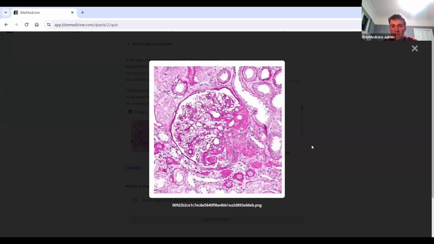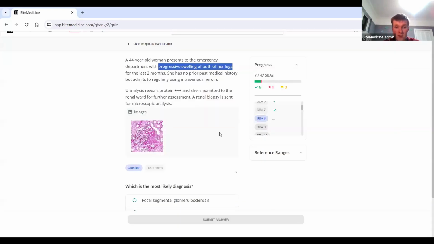However, there is something important within this image, and that is the increased parenchyma that you can see within this glomerulus in just one segment of the glomerulus. Okay, there's your clue. So what's the most likely diagnosis?